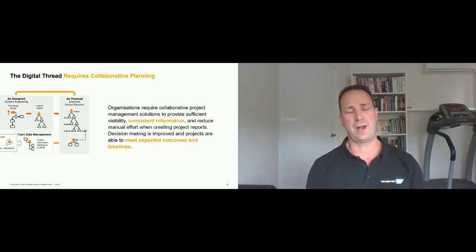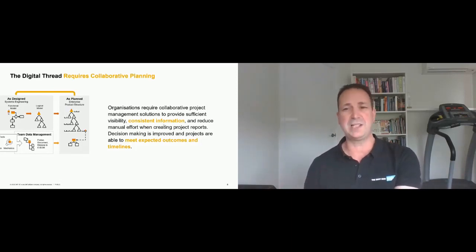And in order for those parties to work together, they have to collaborate. They need the visibility, they need a consistent set of information that they're using, and we obviously want to eliminate the manual effort required to take information that already exists in one system. I might have it in my project schedule, but then I have to rekey it into another format, because as an engineering, construction and operations company, I might be using a different system.